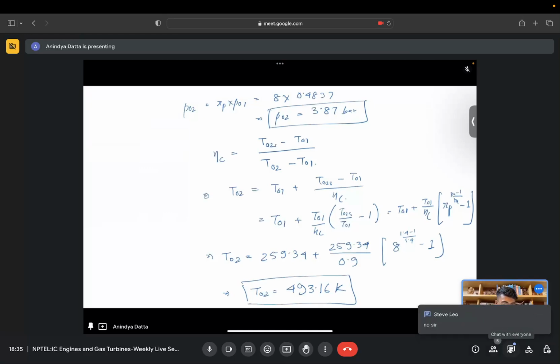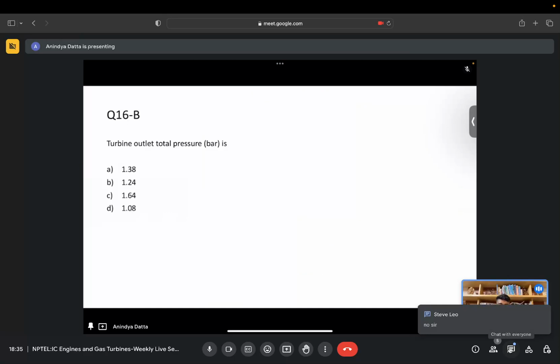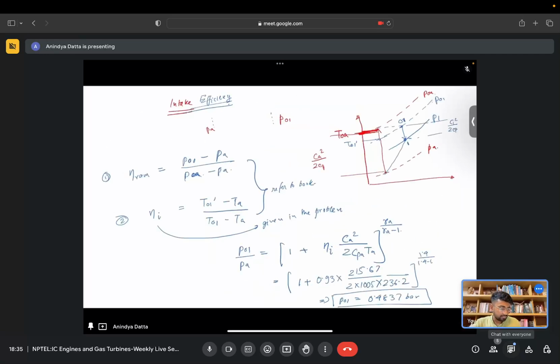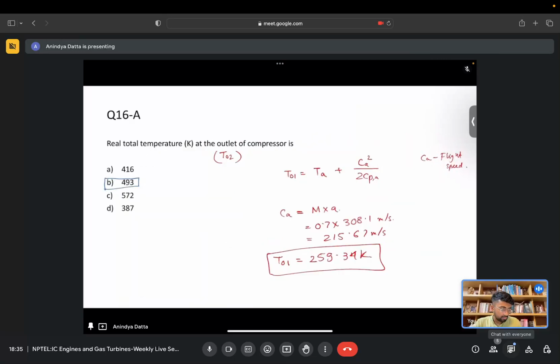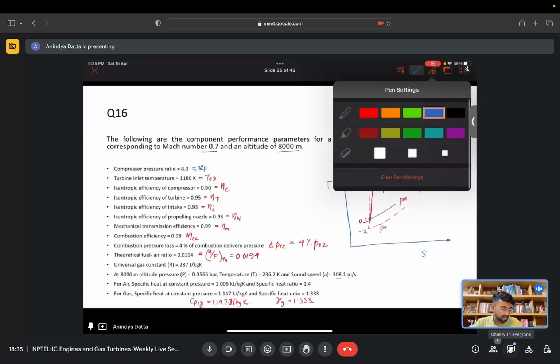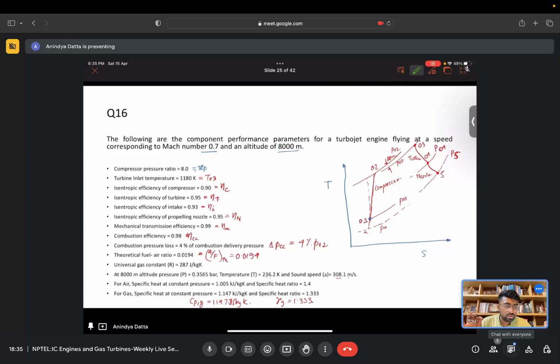Okay, thank you. So next is turbine outlet total pressure. So we find out the turbine outlet total pressure. Let me go back to the TS diagram. I will again repeat myself. When we do this kind of thermodynamic analysis problem, the first important thing is we have to find out the temperature and pressure at each of the state points.